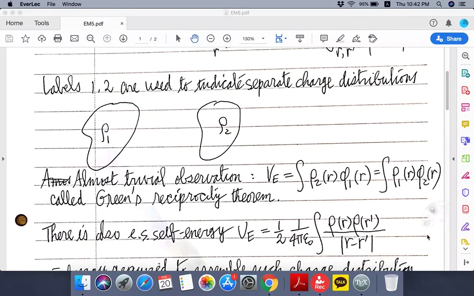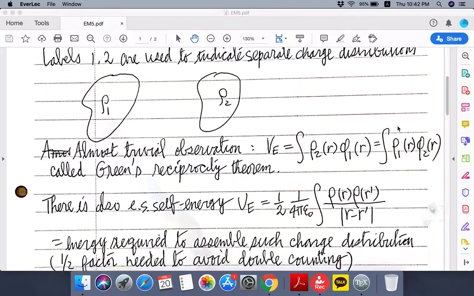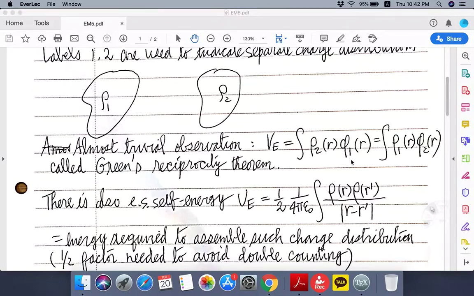Okay, so what I mean is that this formula, due to its symmetric nature, can be interpreted either with the labels 2 and 1 or with labels 1 and 2. And this seemingly trivial observation apparently was due to Green, who was sort of a mathematician slash physicist, I believe in the mid or late 19th century, and this is called Green's reciprocity theorem.